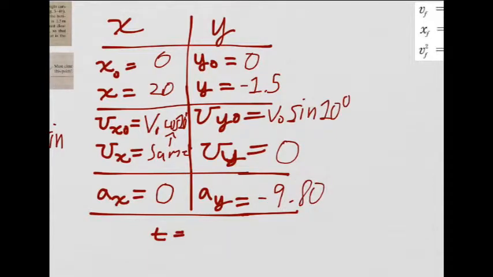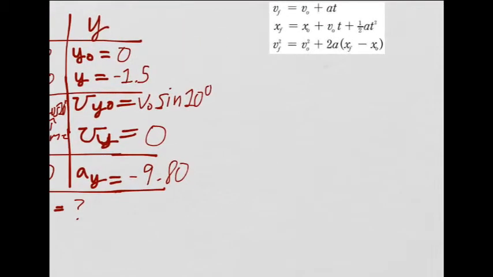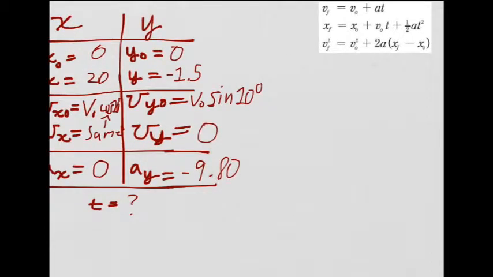The time is unknown. The first thing I would like to do is find time. So I still have too many unknowns here. So this is what I'm going to do. I'm going to write out this, but for both. I'm going to do the x direction first.